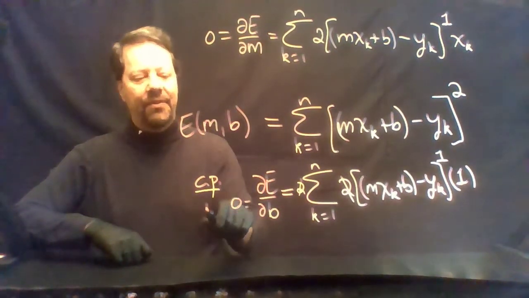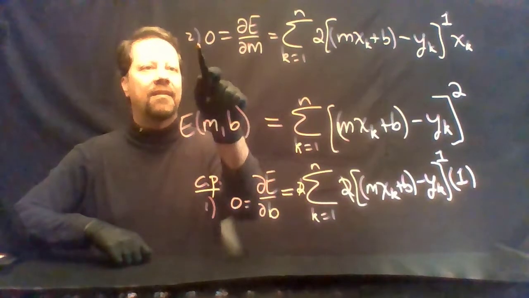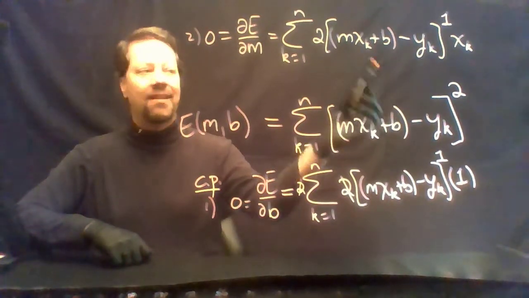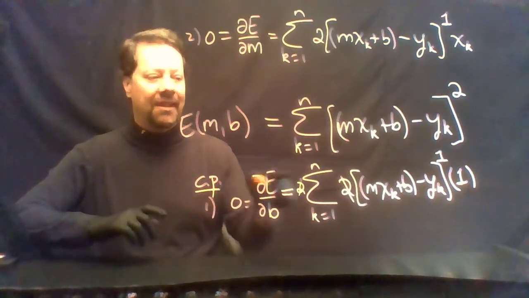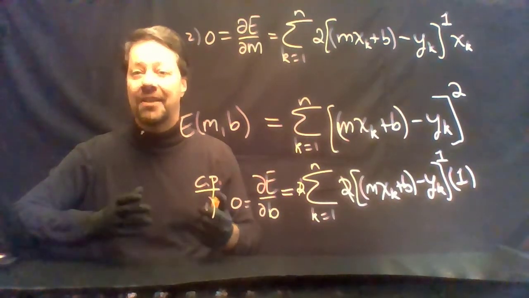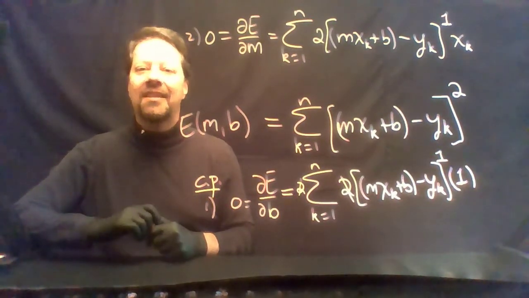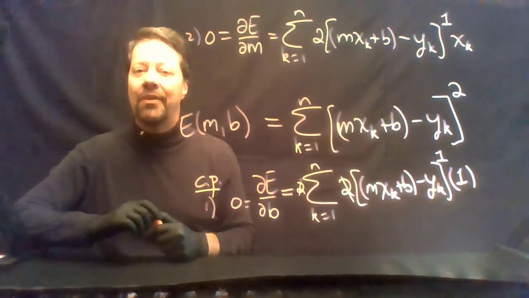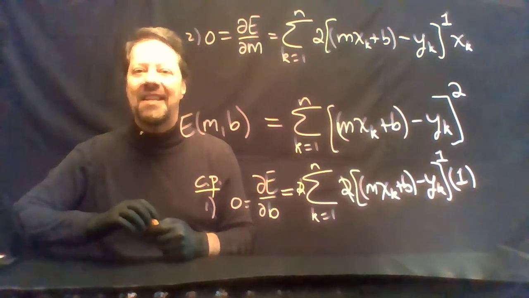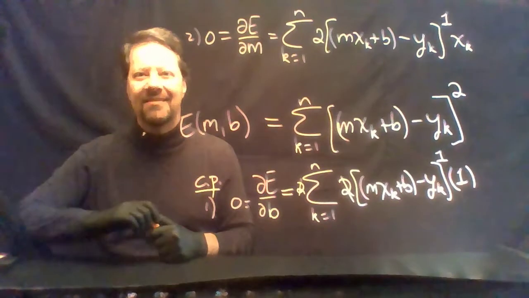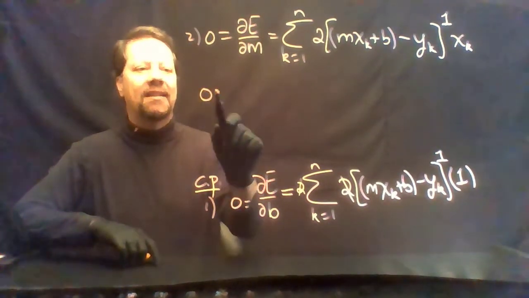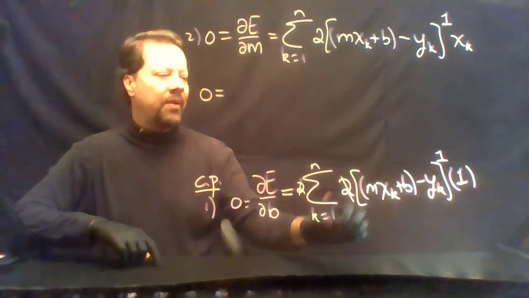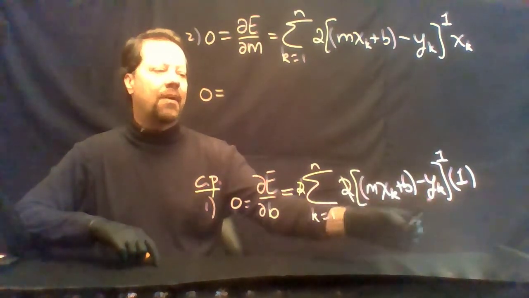We now have two equations in two unknowns, m and b. The art is learning how to solve equations like this for m and b, but that's not hard. This is a linear system of equations. You've been solving these since Algebra 1. For equation 1, we can rewrite it by breaking the sum up into different parts.